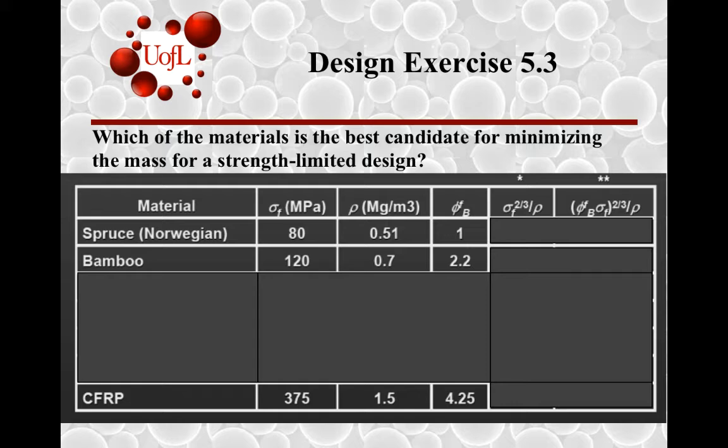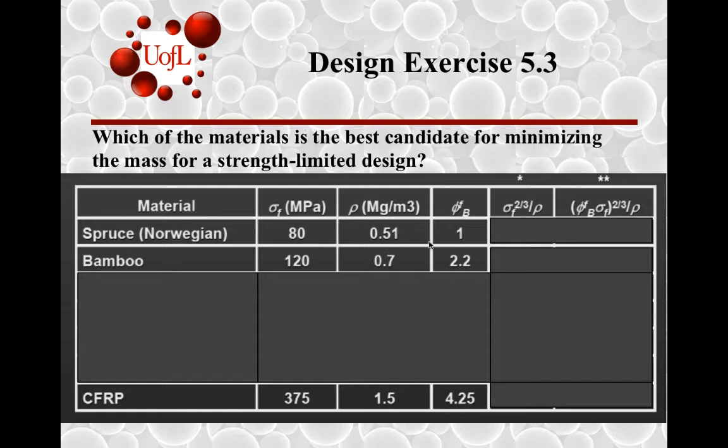What happens when you begin to look at these materials: a spruce, bamboo, and carbon fiber reinforced plastics? Each of them has different values of strength to failure, and all of them have different densities. So you have to minimize mass. And this is taken from a bicycle fork problem in your text.